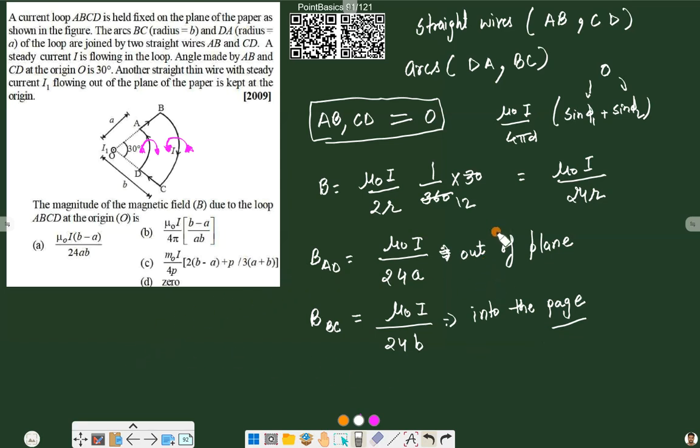So the net field will be their vector sum. One is out of the page and the second is into the page, and this field will have a larger value, as in this case the value of a is smaller as compared to b. So here the denominator is smaller, so this field will be larger and this field will be smaller, and our net field will be out of the page.